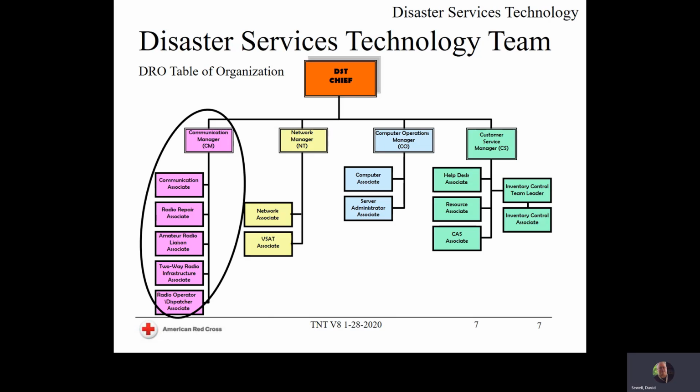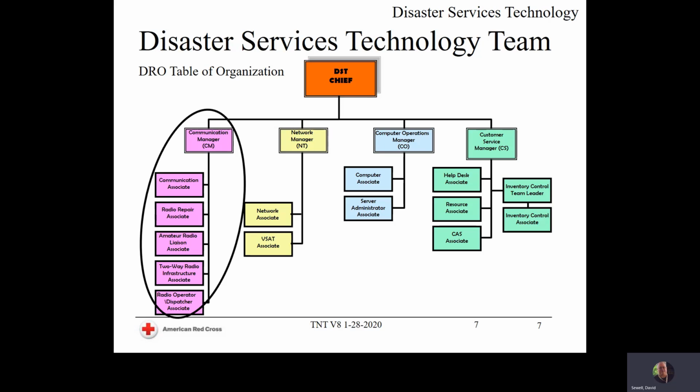Let's talk about the function that we're emphasizing in this class. You'll have a communications manager who's in charge of the whole communications activity and reports to the DST lead or chief. We have some different roles that need to be fulfilled in the communications activity. It doesn't mean we have to have a separate person in each one of these activities.